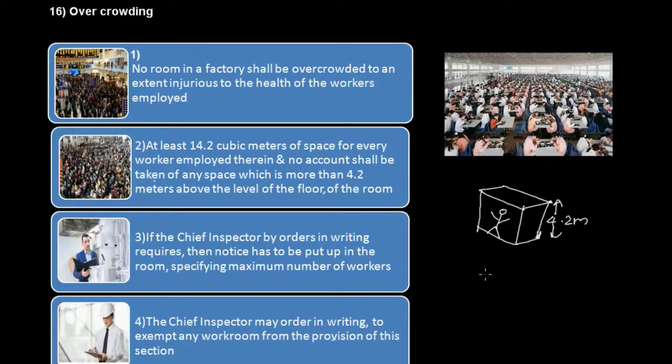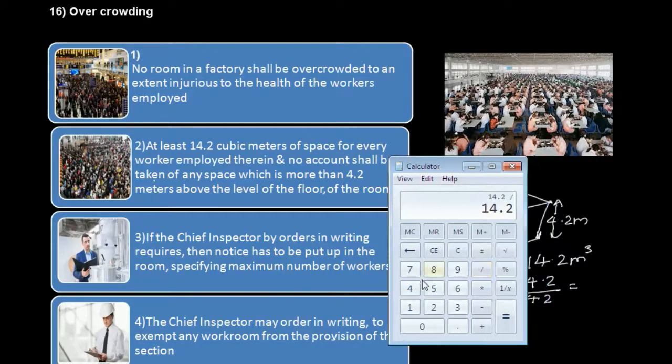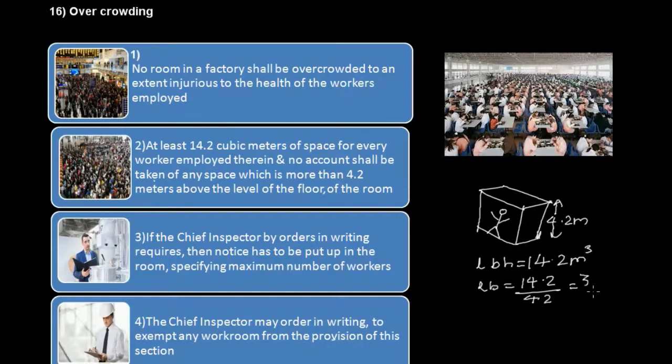So the total capacity is 14.2 meter cube. If I divide this by the height, 14.2 divided by 4.2, it comes to 3.38 meters square.